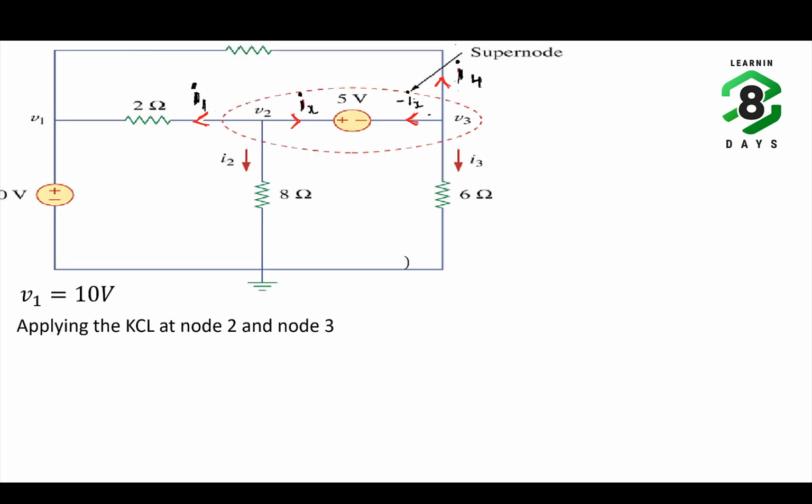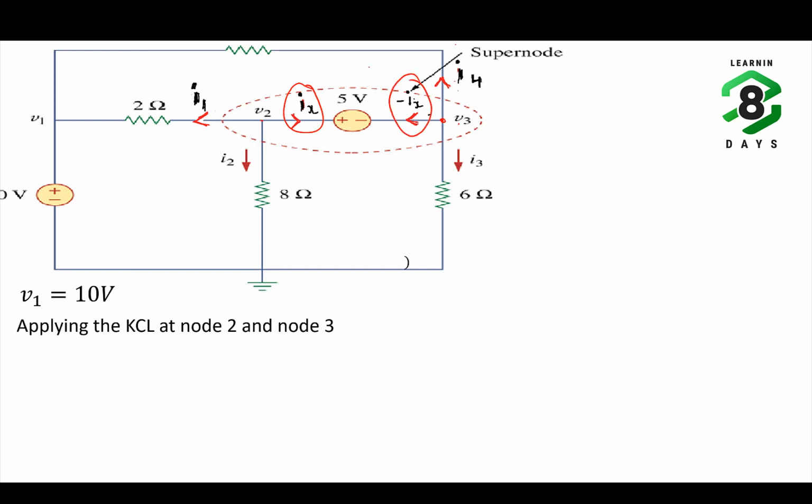Now you see the current flowing through this 5 volt source from V2 to V3, I am assigning it the variable Ix. Because it is unknown, I am assigning the variable Ix. Similarly, the current flowing from V3 to V2 through that 5 volt source will become minus Ix.